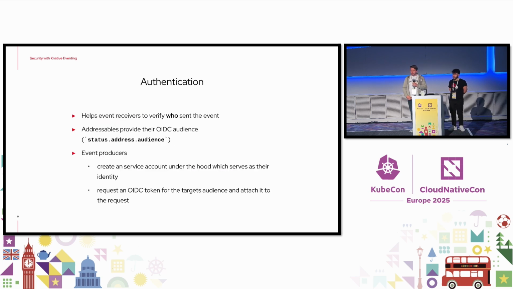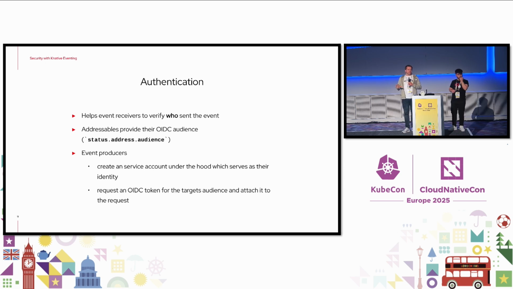For authentication, as said, it helps us to verify who sent the request. Therefore, we integrated OpenID Connect to ensure that we can verify who sent the request. And this is also done on two sides. First, the addressables provide the so-called OIDC audience in the status.